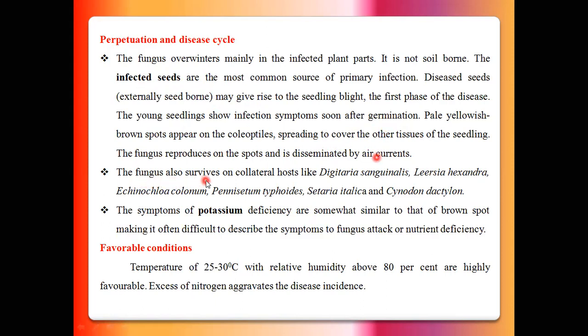Or this fungus can also survive on collateral hosts, that is Digitaria or some weed species seen around the rice fields. Or sometimes potassium deficiency, majorly seen in rice plants, initiates the brown spot disease in the rice plant.